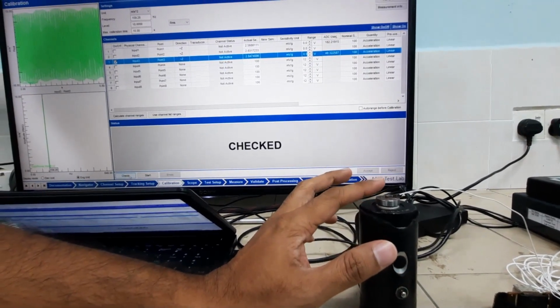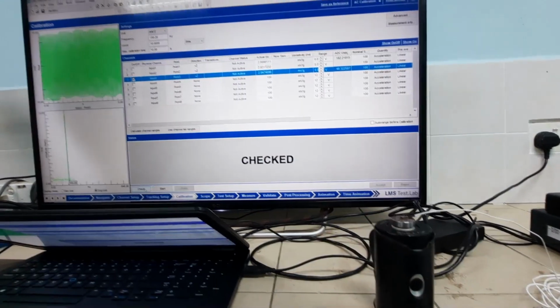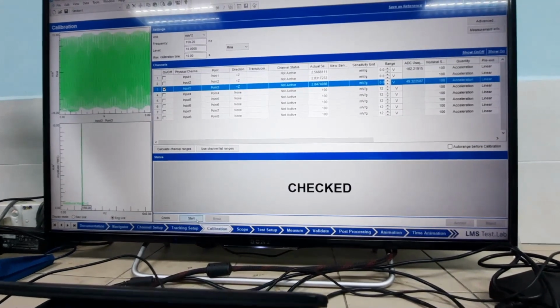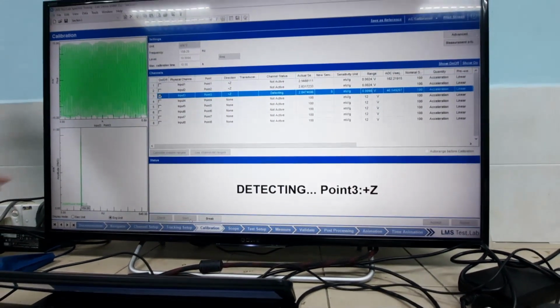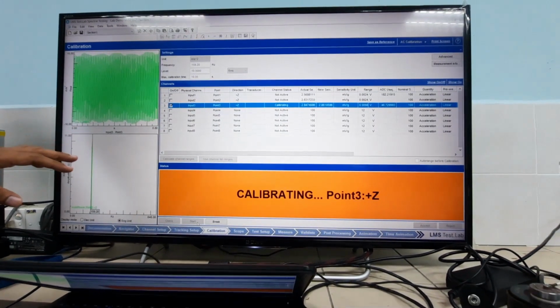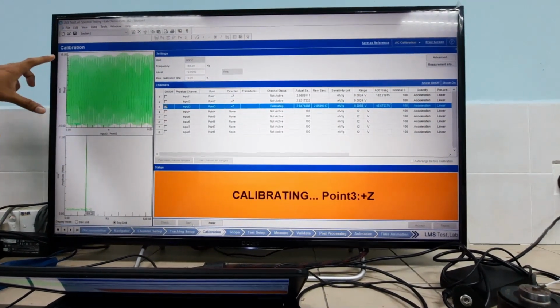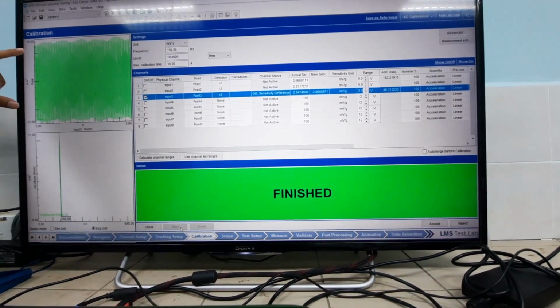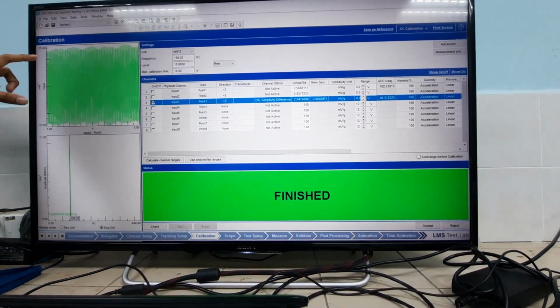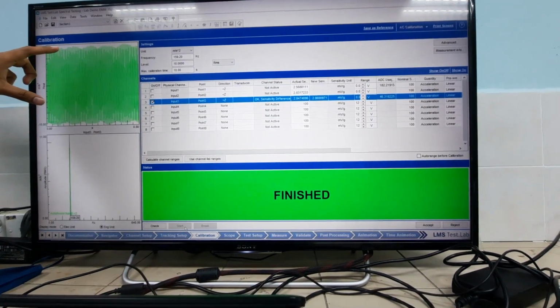It will vibrate, so we push the start button and the system will detect the vibration. In this case the level is 10, so we get about plus minus 15 of amplitude.